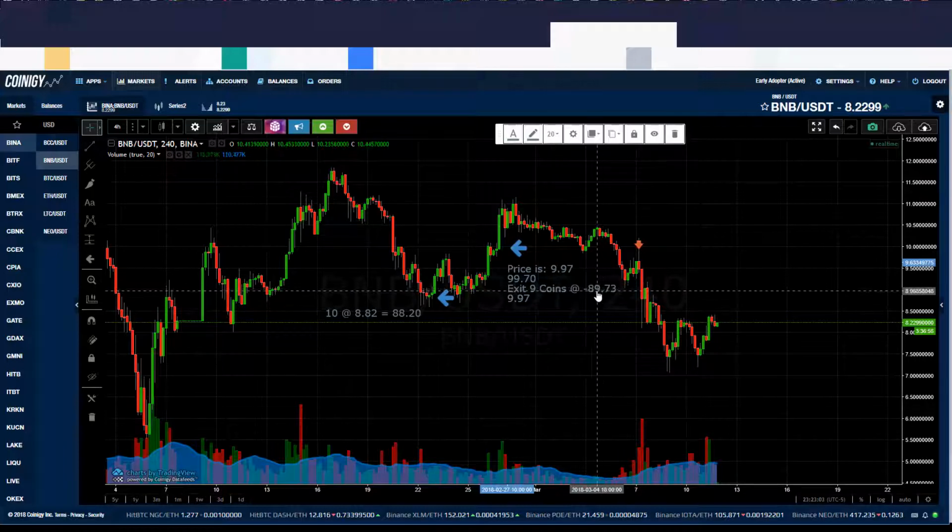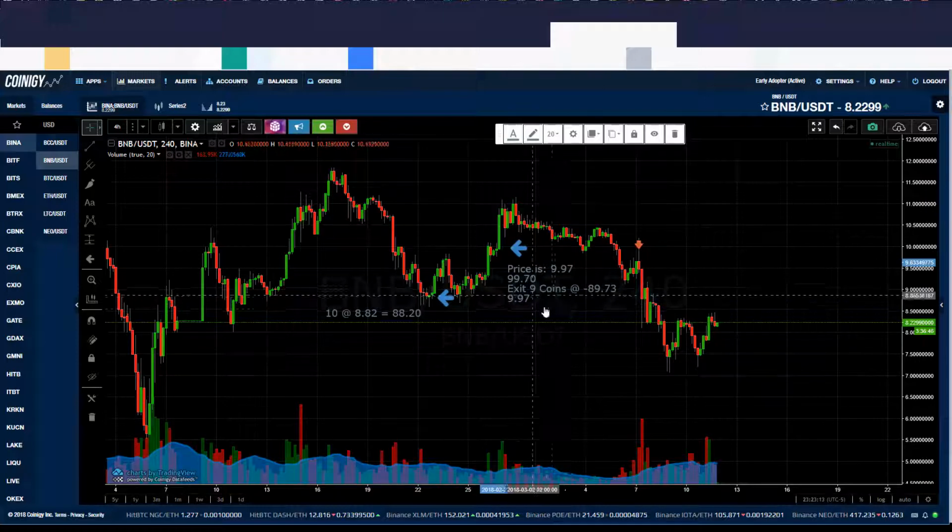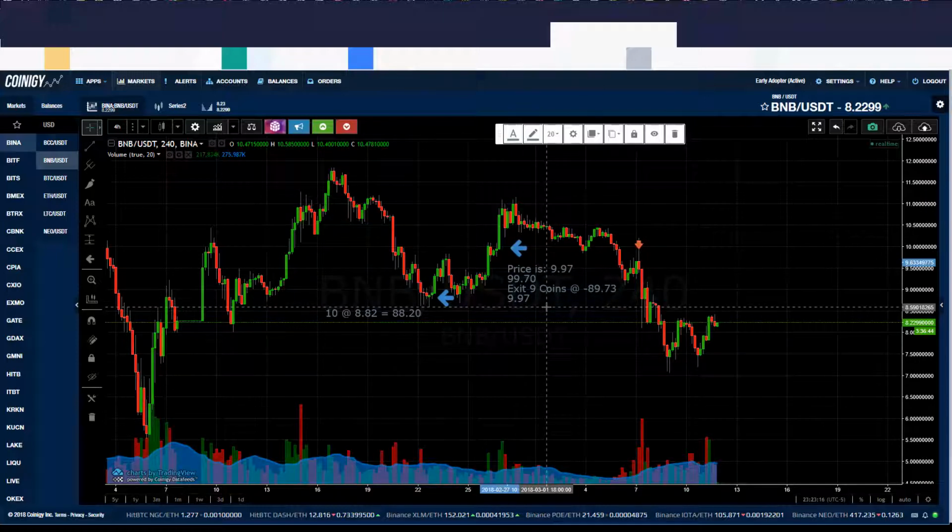And you're going to get your original capital back, a little bit better, $89.73. And basically you're going to have 1 coin in there that's worth $9.97, and a little bit more than that. So the math isn't exactly accurate here, but it's close enough that, look, you got your original capital back and you've got a free BNB coin that you can now use for trading fees.